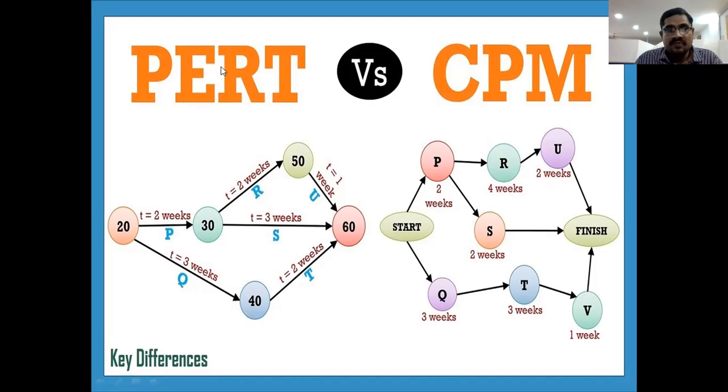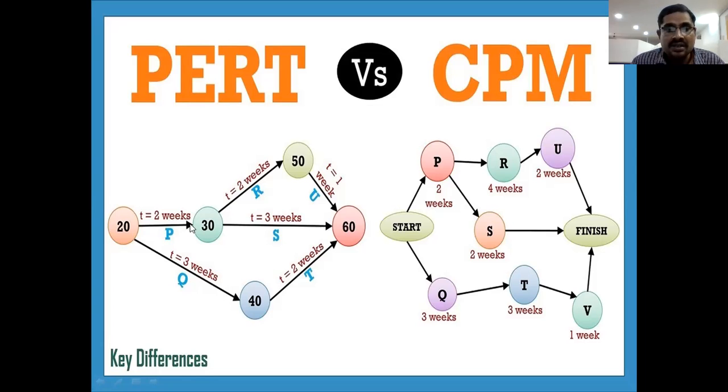And this PERT diagram is used for very large, huge contracts and non-repetitive contracts. And this CPM diagram is used for simple and complex contracts, and these contracts are repetitive in nature, right?